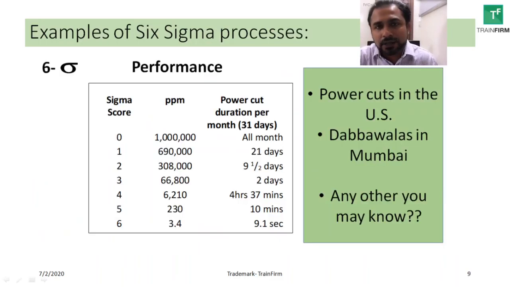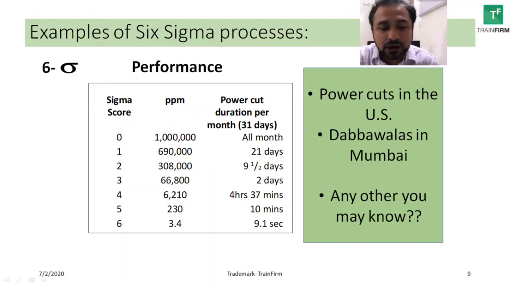Some examples of Six Sigma processes: I would take the power cuts in the US and the Dabbawalas in Mumbai. They all operate at Six Sigma levels where their defect rates are really much lesser than 3.4 defects when they do a million transactions, which is true. If I'm taking power cuts as an example, this is the level at which it should work.